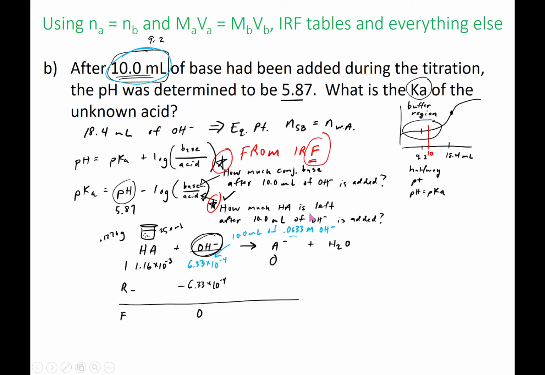So our final line is we're answering this question right here, and then our final line here is we're going to be answering this question here. And once we get those numbers, we can use this equation to get the pKa. And then this will go up by 6.33 times 10 to the negative fourth.